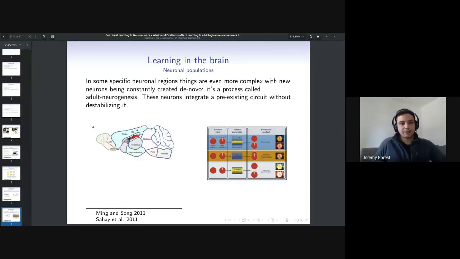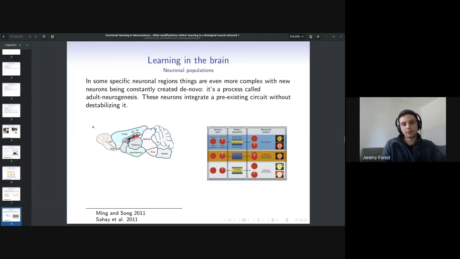Another interesting thing is that some specific neuronal regions have an even more complex neuronal population, with new neurons being constantly created de novo, which is called adult neurogenesis. That occurs in mice, at least, in two brain regions, the hippocampus and the olfactory bulb. Those neurons integrate into pre-existing circuits without destabilizing the existing knowledge.